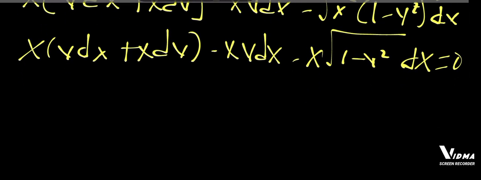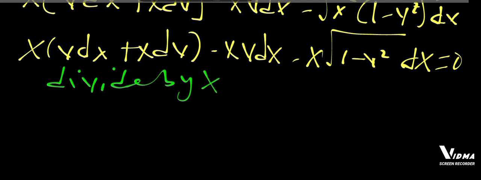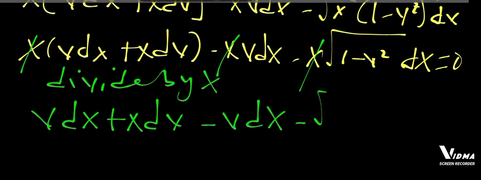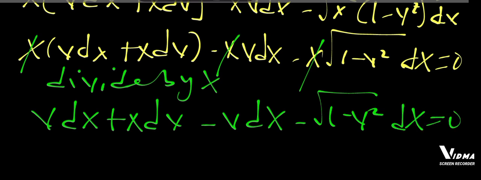So we continue. Now we can see I can divide through by x. So I'm just going to be left with v dx plus x dv minus v dx minus square root of 1 minus v squared dx equal to 0.